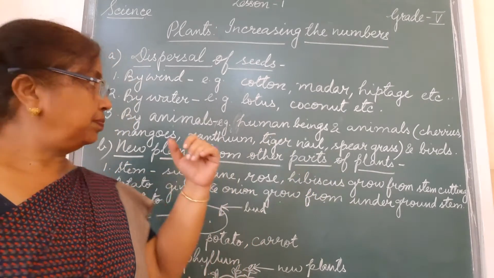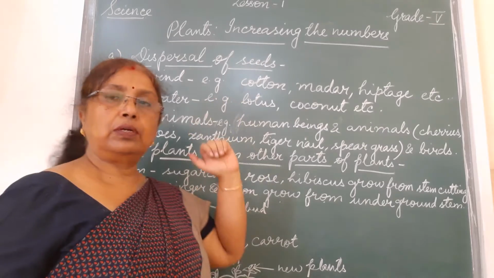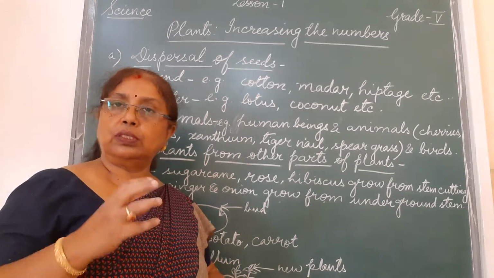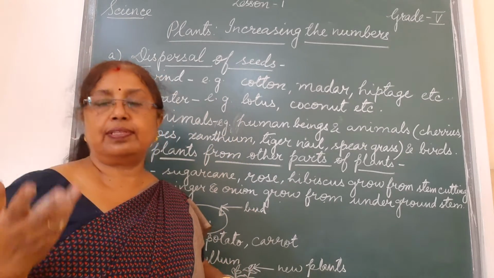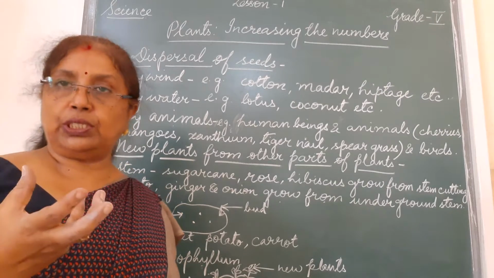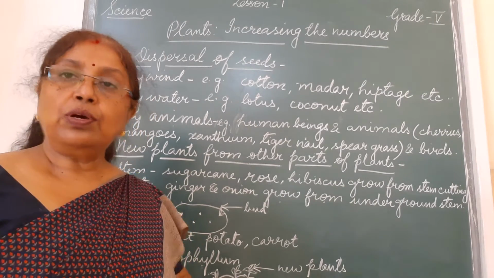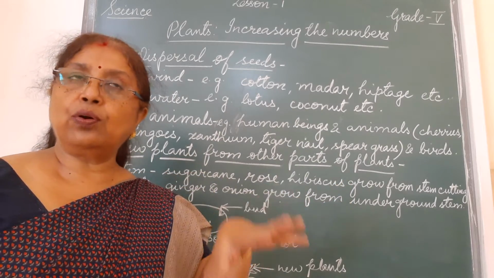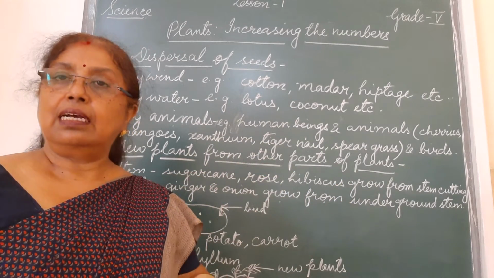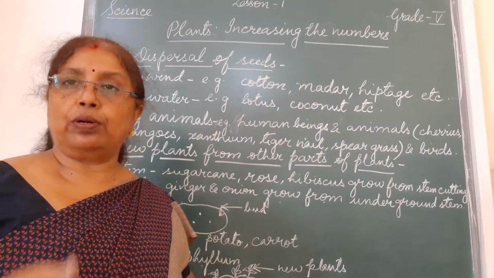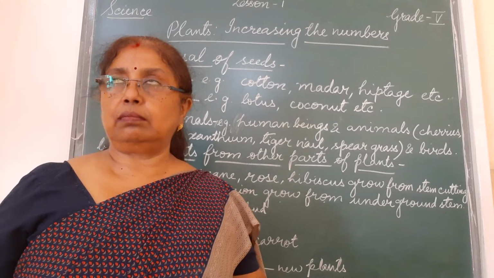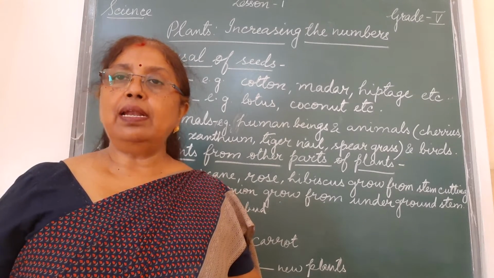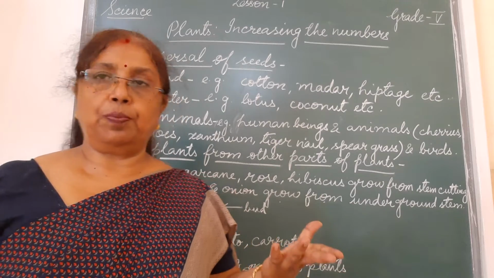And with the lotus, even if you have seen that the lotus fruit is very spongy, so it helps the fruit to float in the water, and later on the seeds get settled at the bottom in the soil, in the water bed, and they grow into a new plant.